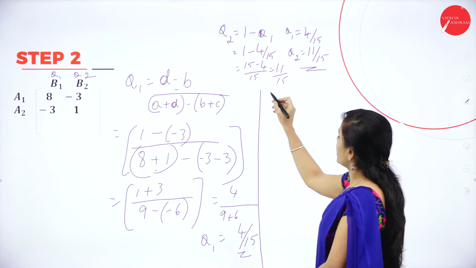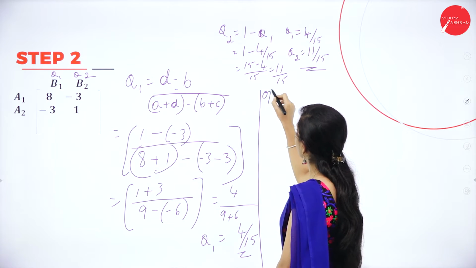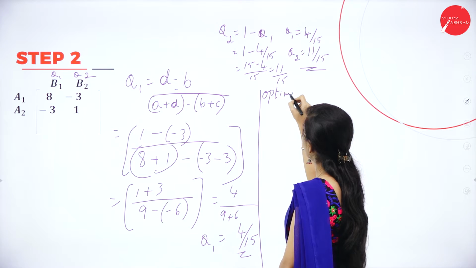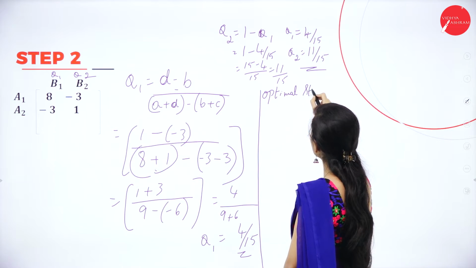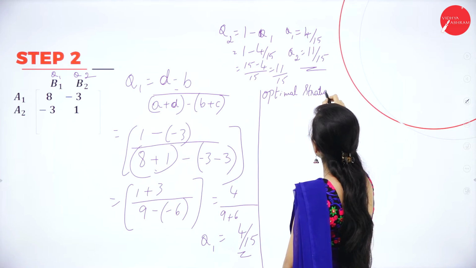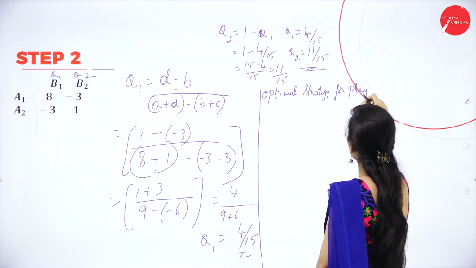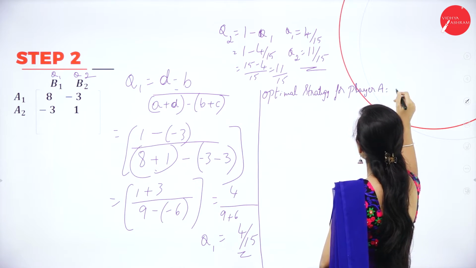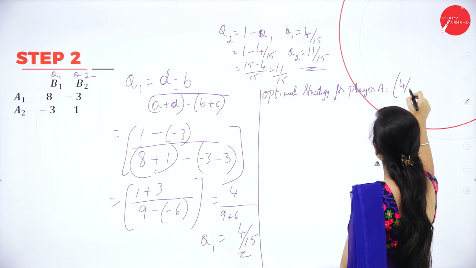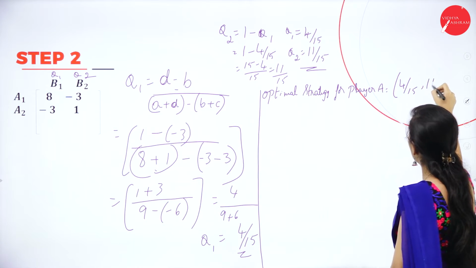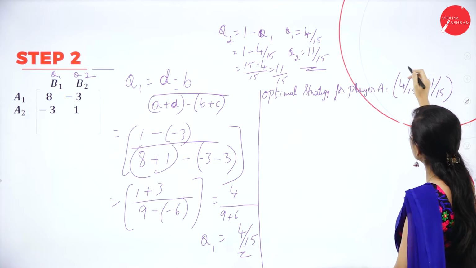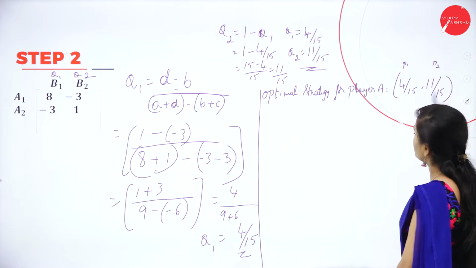Now I will write the optimal strategy. The optimal strategy for player A is 4 by 15 and 11 by 15. This means P1 and P2, right?